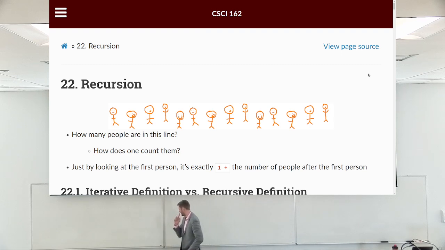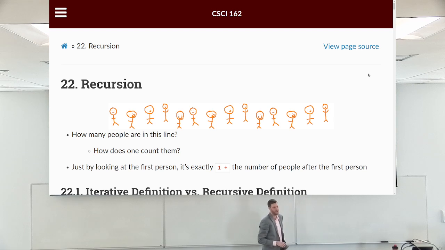But an interesting thing here is I'm asking the same question on a slightly different scenario, in a slightly different way. So the number of people in this row is 1 plus the number of people after the first person. So I'm asking the same question. How many people are in this set of people? But the set of people is different the second time I asked it. So we got a nice good long row of people right there, starting with you, Sky. 1, 2, 3, 4, 5.